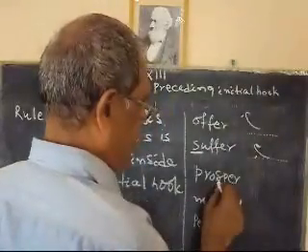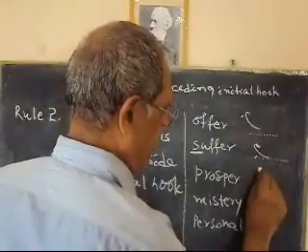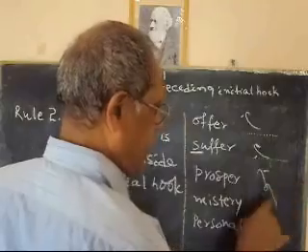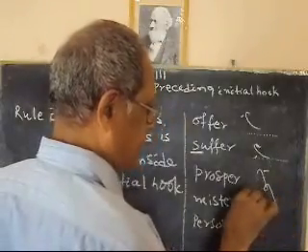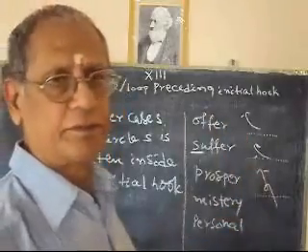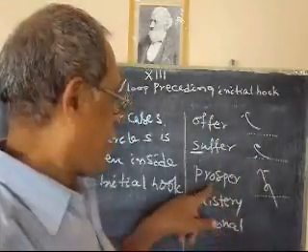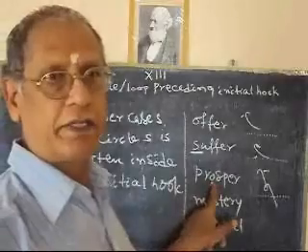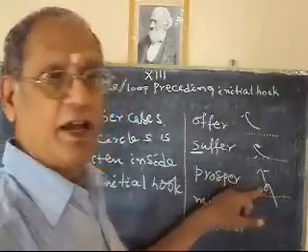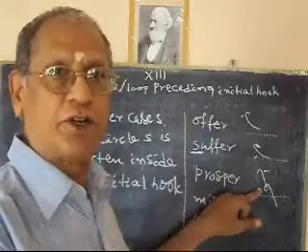Next. Prosper. Per. Circle, per. Prosper. Position writing rules same. For above the line, first place. Prosper. Per. You see, the R hook is clearly shown.